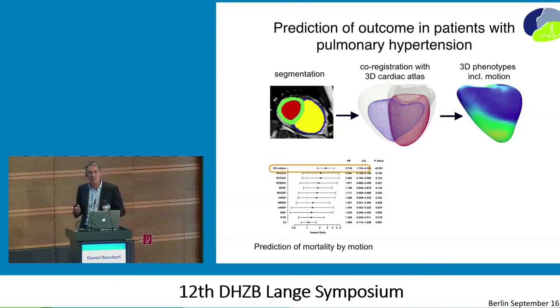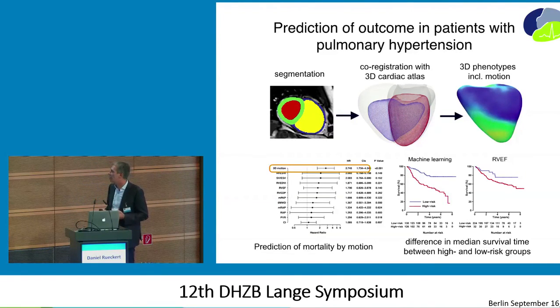So looking at this more vertex-wise measurement is more accurate and also shows you larger differences, for example, if you want to stratify your groups and look at things like survival time.